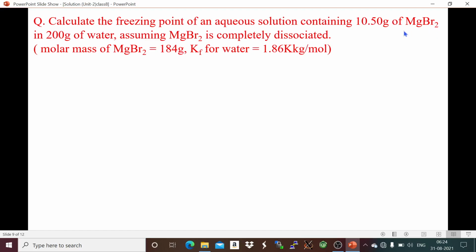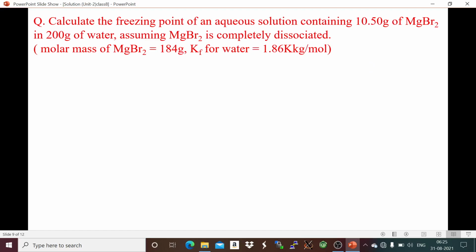Magnesium bromide is a salt, so in water it dissociates. If the i value is not given, we have to assume that it is completely dissociated in water to calculate the colligative property related problem.